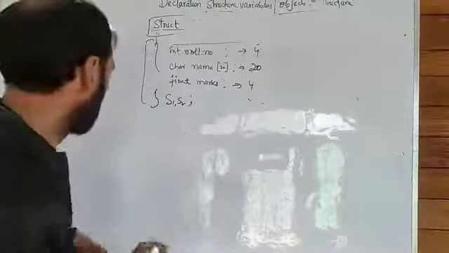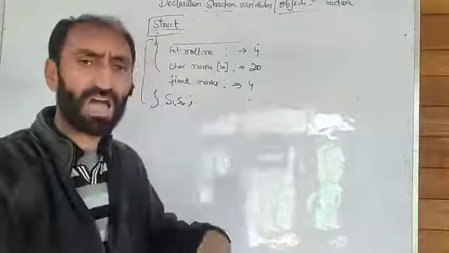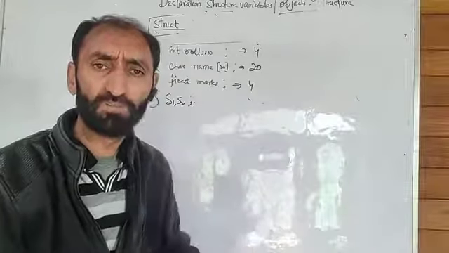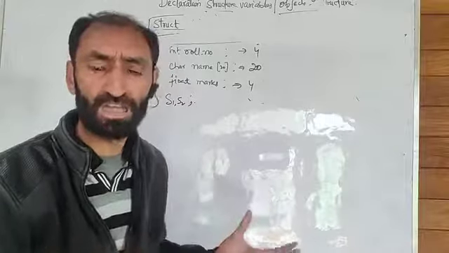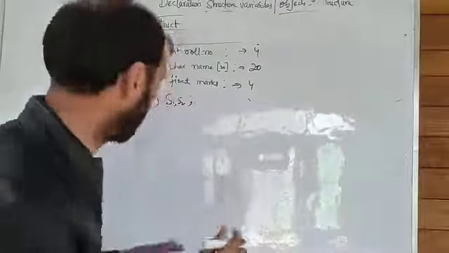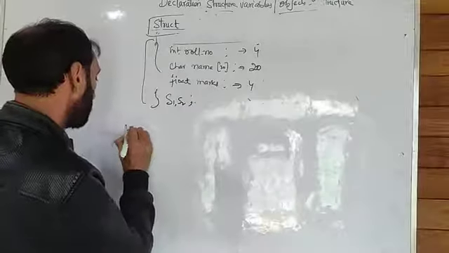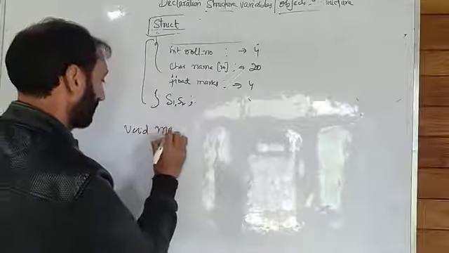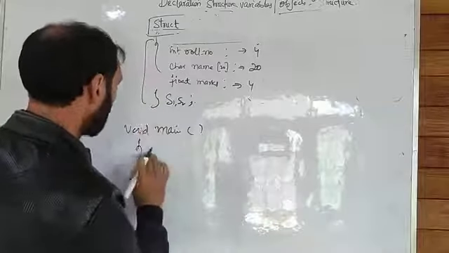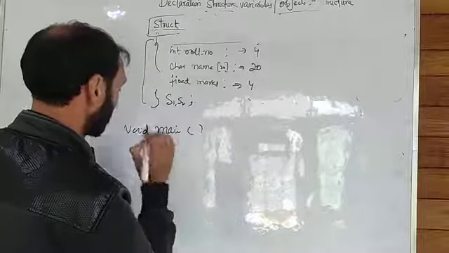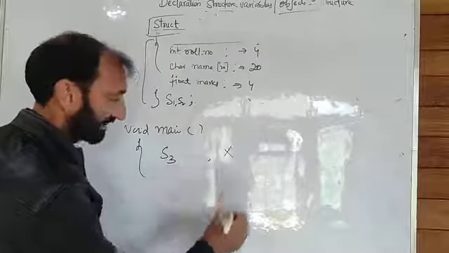When the program is running, I feel a need for some more objects, which I want to declare in the main, for example, or any other part of the program. For example, void main. If I declare here student S3, it will show me an error.